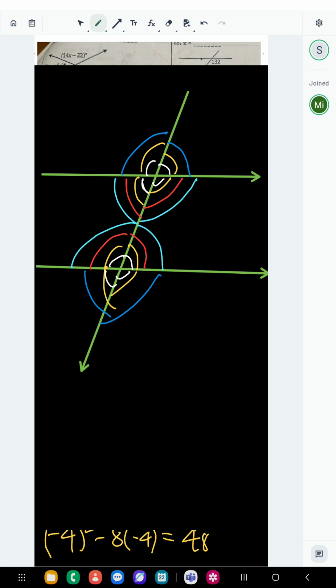We call these vertical angles, or vertically opposite angles. So when two lines intersect, any lines, whether they're parallel or not, like if there's a line here and then another line here, these angles here are vertical angles.